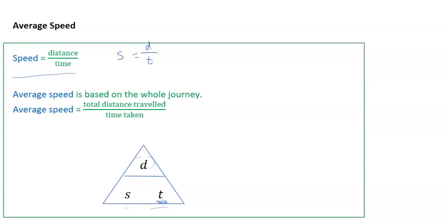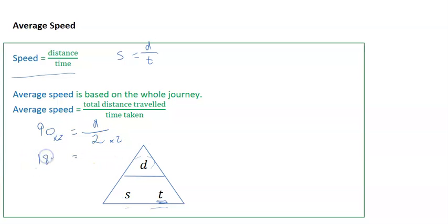If I know the speed is 90, for example, and I know the time taken is 2 hours, but I don't know the distance, then I can work out the distance by just an easy solving of the equation. Multiply by 2 on both sides.